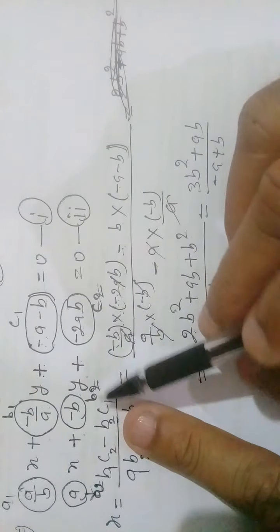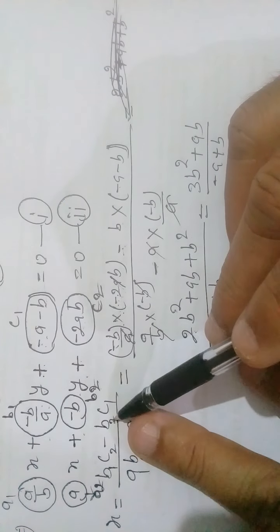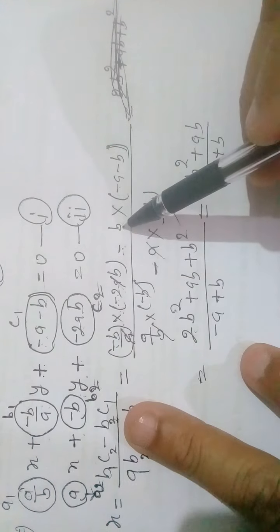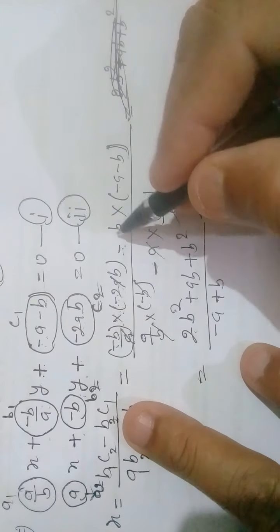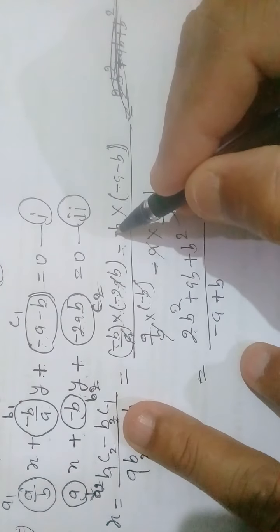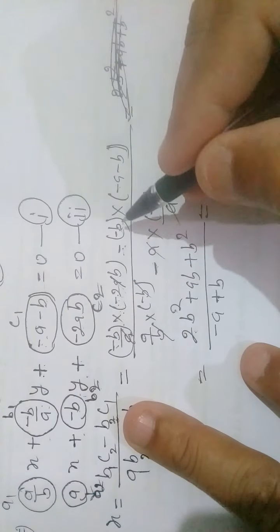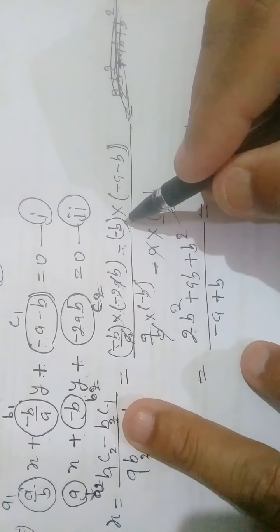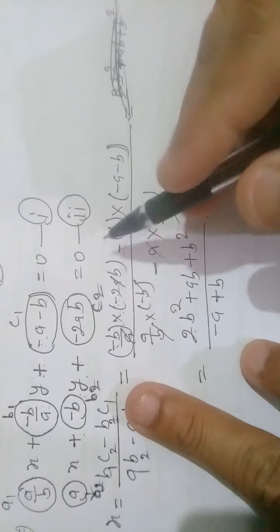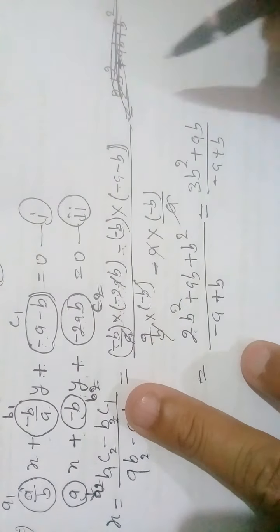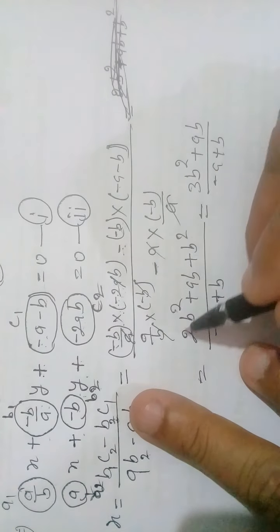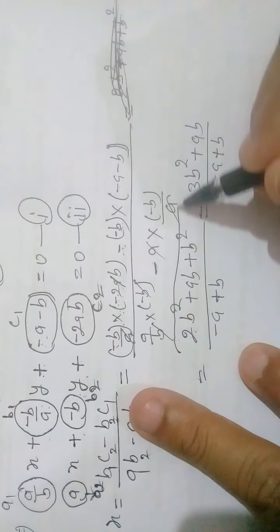B2 is, where is the value of B2? Minus B2 minus B minus, here is also minus B. B2 C1 minus A. It's my mistake. Here we can write, it's wrong.